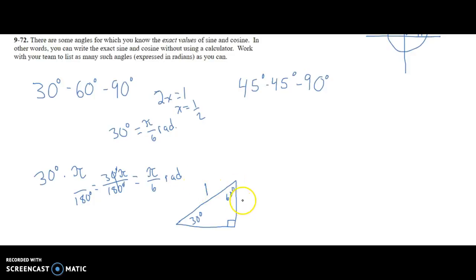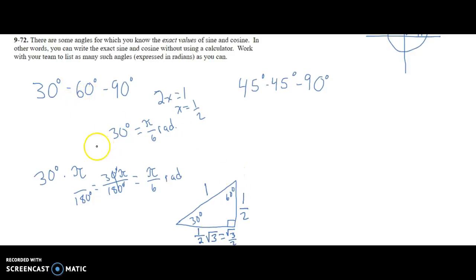But we know this is 1, this was x, while this was 2x, so this should be half of that, so this will be 1/2. And this was x times the square root of 3, and x is 1/2, so we can rewrite that as the square root of 3 over 2 if we multiply those together.